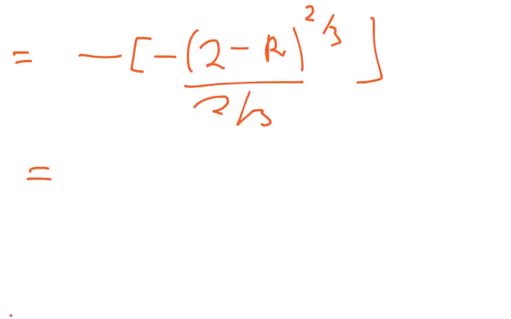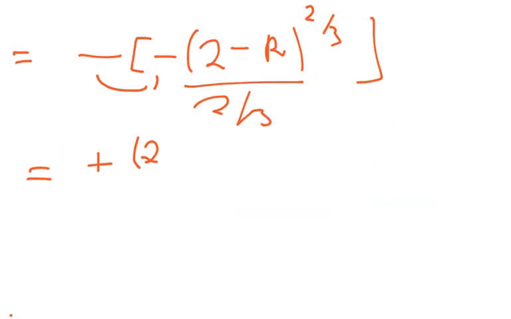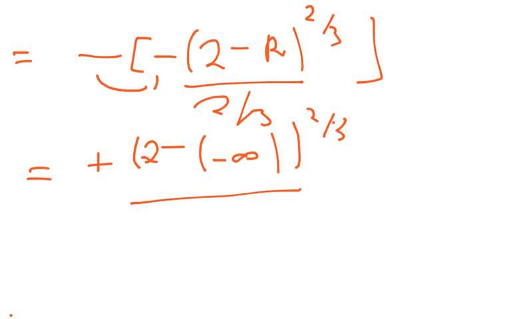So this is our expression. The minus sign will multiply the minus sign, so it's plus, and this entire expression. Don't forget that since we've got the limit as r approaches minus infinity, this is going to be minus infinity, and then everything raised to the 2/3, and then everything over 2/3.